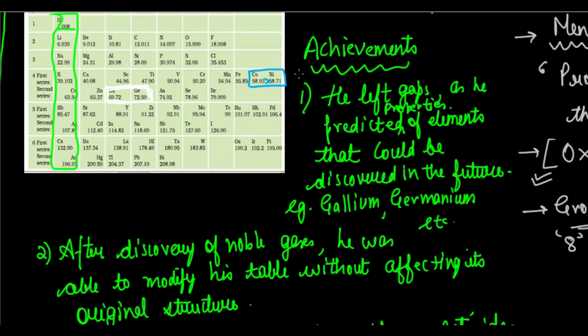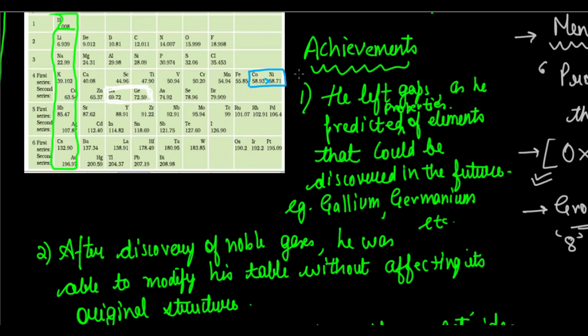The repetition in the properties of elements by a particular pattern does not change. Although this also was a drawback because he violated his law sometimes. But still, it showed the skillfulness he had, because he accordingly changed his law, made his law more flexible so as to make sure that the periodicity of elements does not leave out, right?